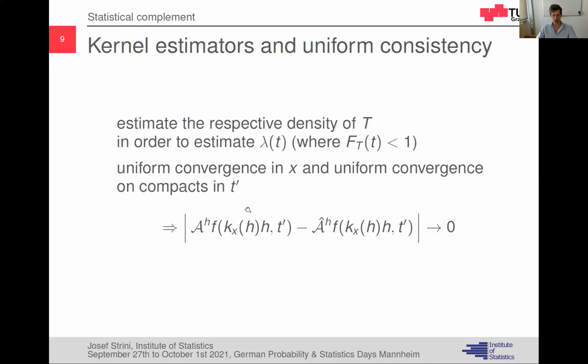And what we obtain in the end is uniform convergence in x and uniform convergence on compacts in t prime of this difference to zero, where here, again, as above, A_h is the discretized version of the infinitesimal generator, and A_h hat is the same discretized version of the infinitesimal generator, but we use the estimated characteristics instead of the real distribution functions and the real intensity lambda.